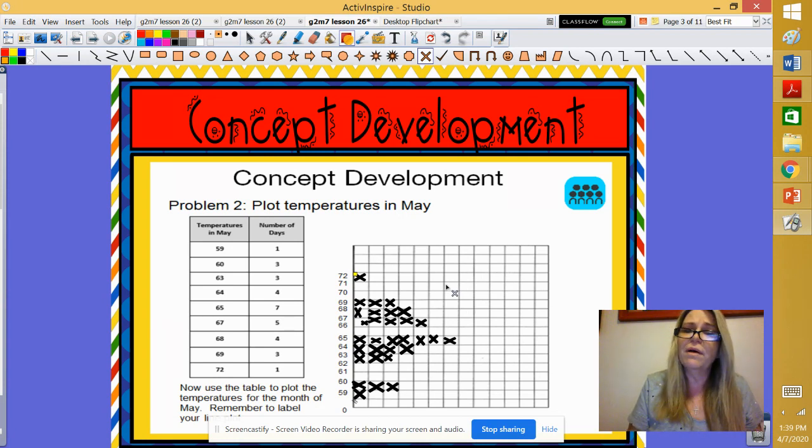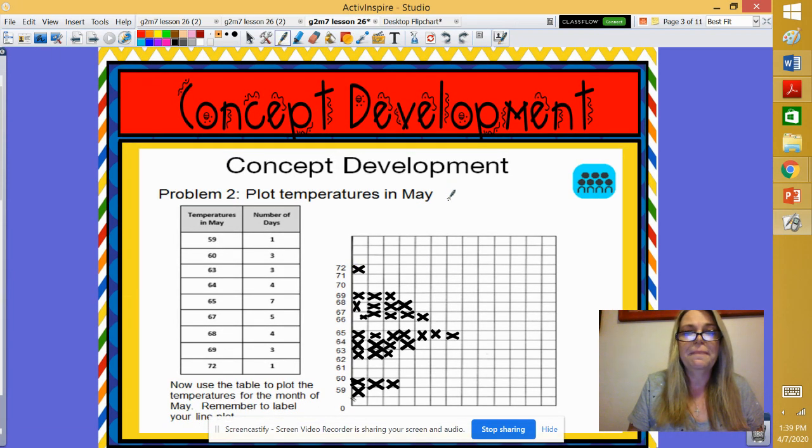What would be our math problem? Yes, we could say 72. Let me see if I can write it. It's going to be messy, just a warning. We could say 72 degrees minus, what was our lowest temperature? 59.